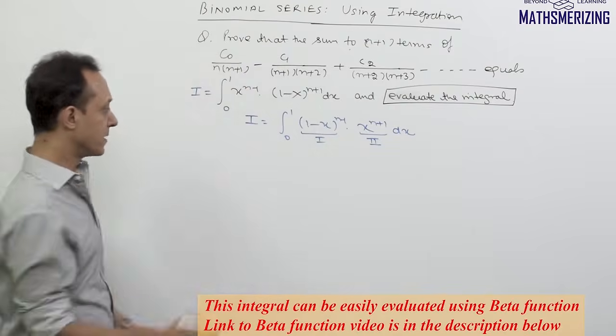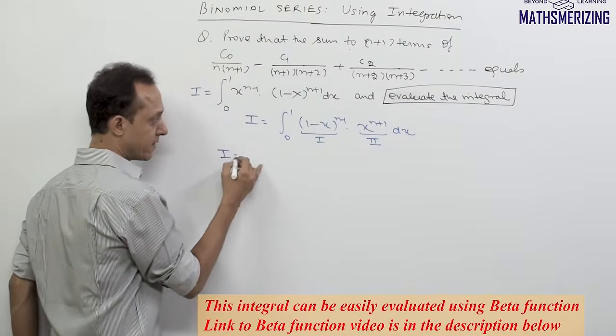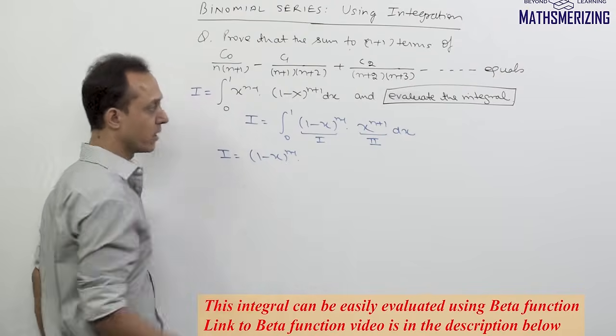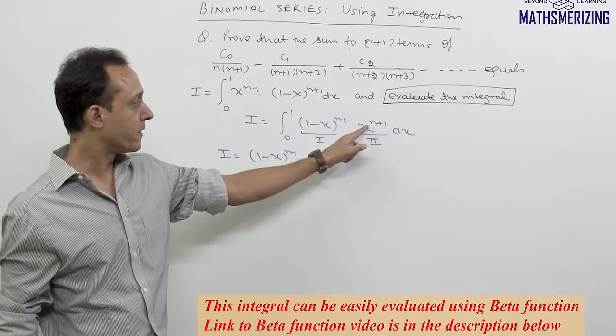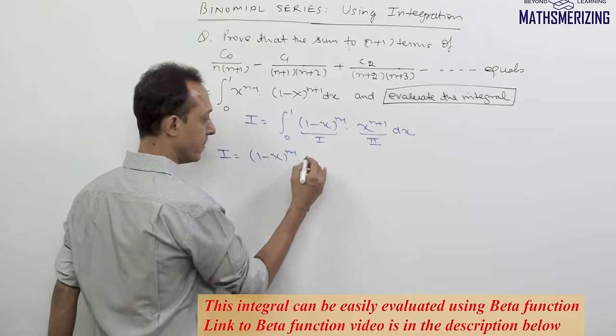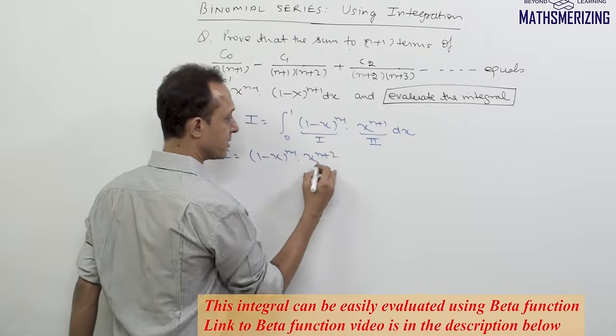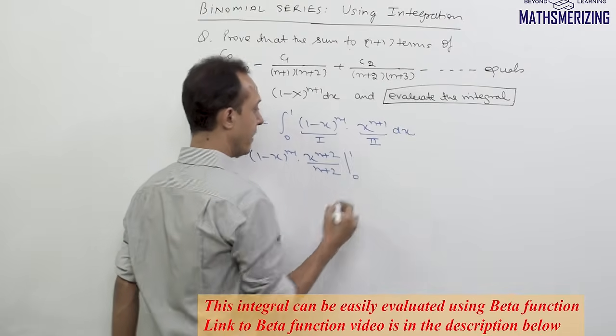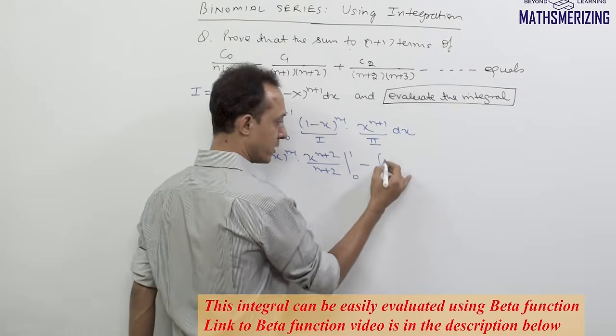So if I use integration by parts, I'll write this integral as: the first function as it is, 1 minus x to the power n minus 1. Now the integral of x to the power n plus 1 will be x to the power n plus 2 upon n plus 2, limits from 0 to 1, and then minus the integral from 0 to 1.